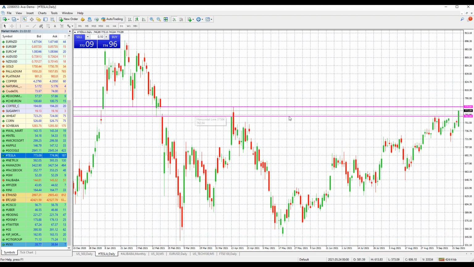We are at 779.80. Let's say 780 is a serious level that Tesla needs to test. Either it will break that level and go higher, or it will bounce back down from there.